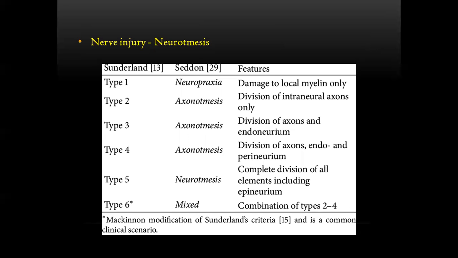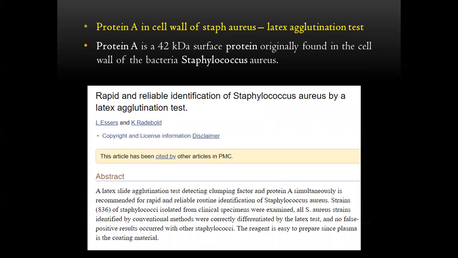Neuropraxia is damage to the myelin sheath only. Axonotmesis is damage to the axons, endoneurium, and perineurium. Whereas neurotmesis is complete damage to the nerve. I hope it's clear. Now moving to the next question.